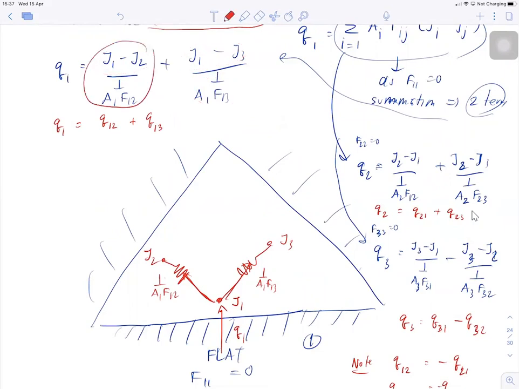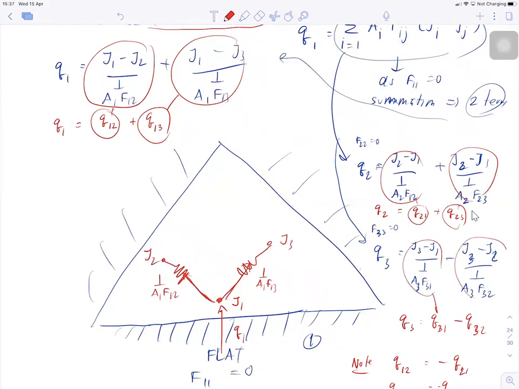This term is Q21. This term is Q13. This term is this one. Okay? So Q1 is going to be coming to, this is Q12. Over here it's going to be Q13.